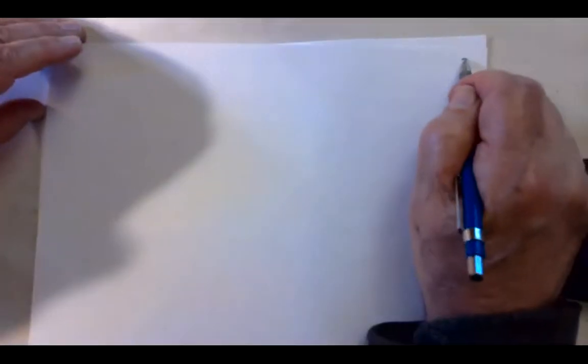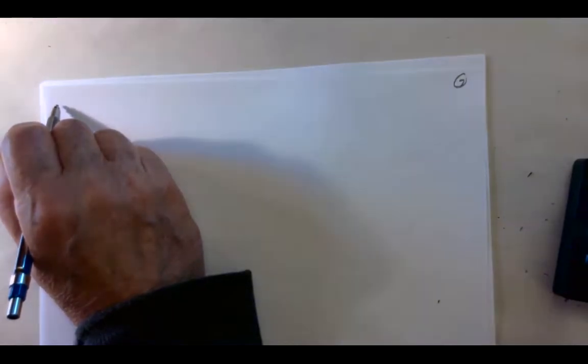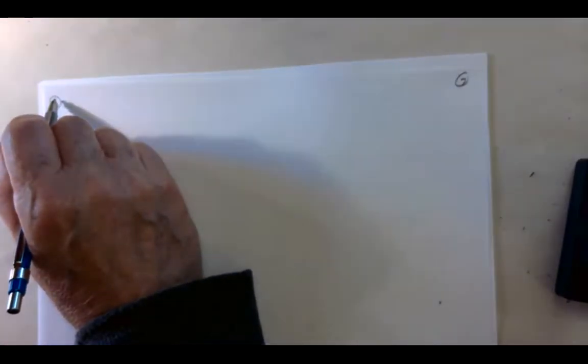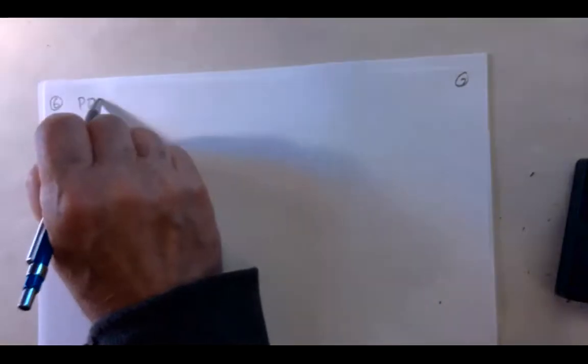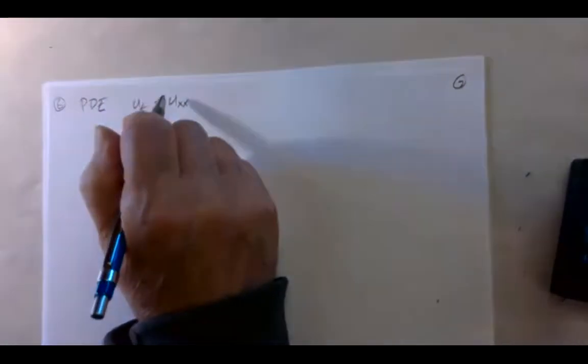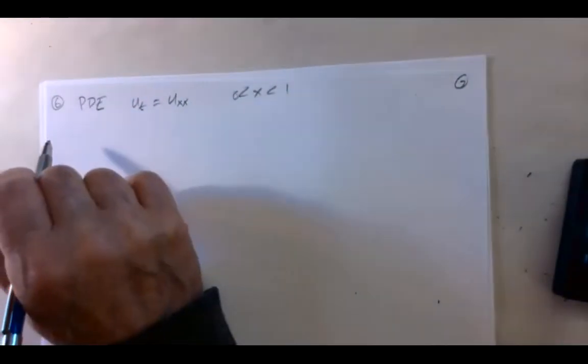Now, problem number 6 says keep the same diffusion equation. So the PDE is the equation u sub t equals u sub xx, x between 0 and 1.